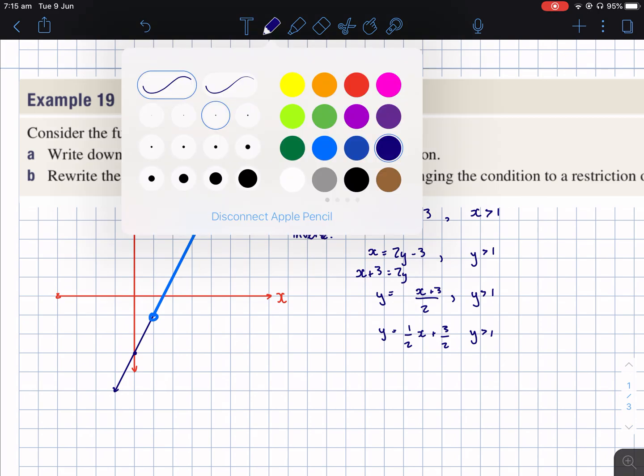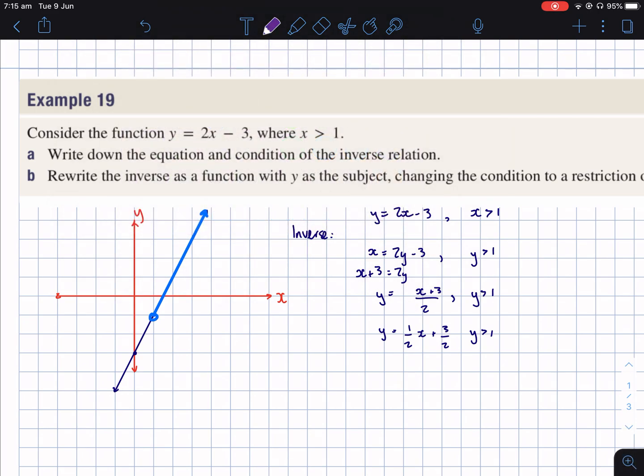If I want to sketch this one now, I'll do it in purple. I'm going through here, and for every 2 I go across, I go up 1. So that one's going to look like this.